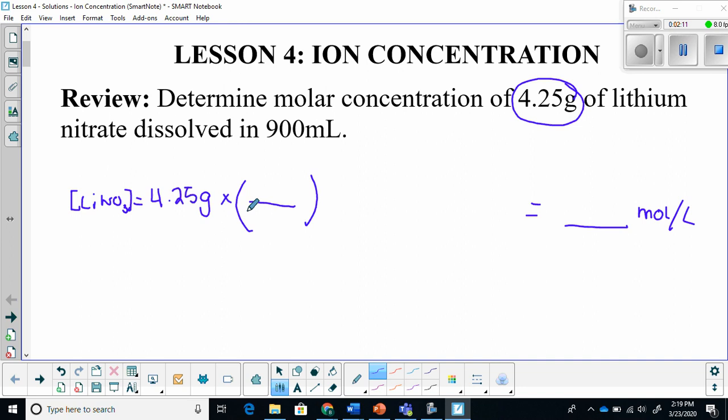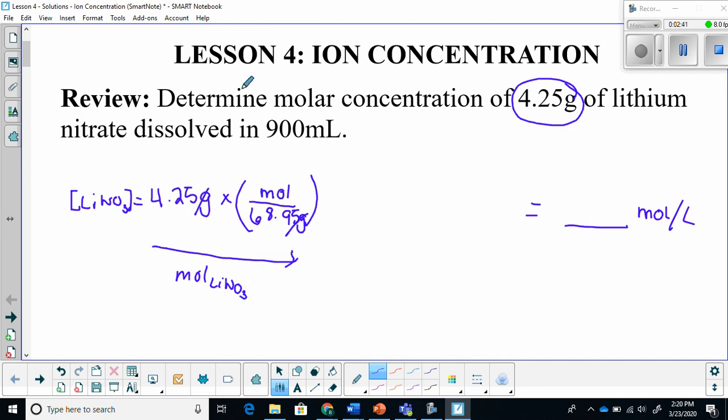The molar mass of lithium nitrate is 68.95 grams. And in the numerator, we're going to have moles. Grams cancels out with grams, and currently from here to here, we have moles of lithium nitrate. All right, perfect. So we're halfway there.